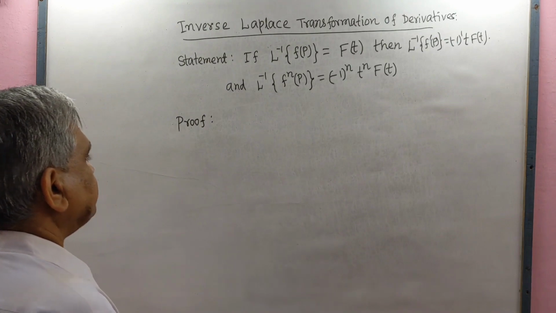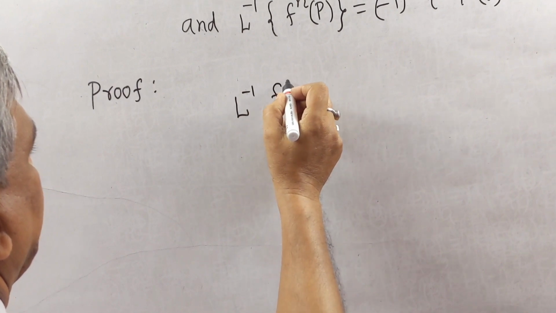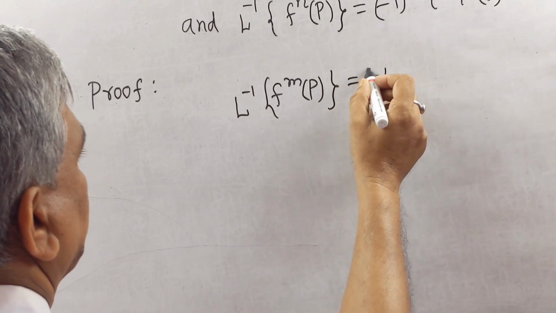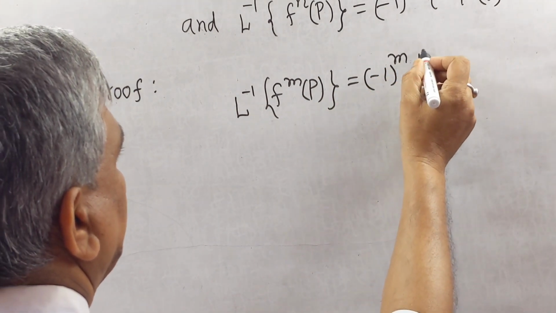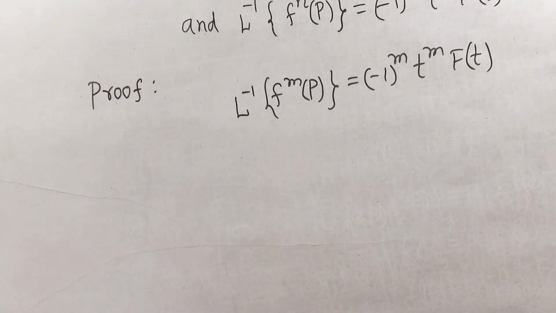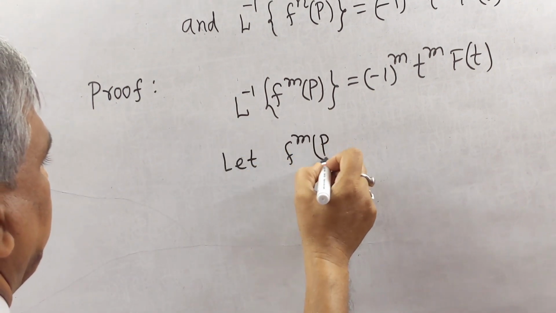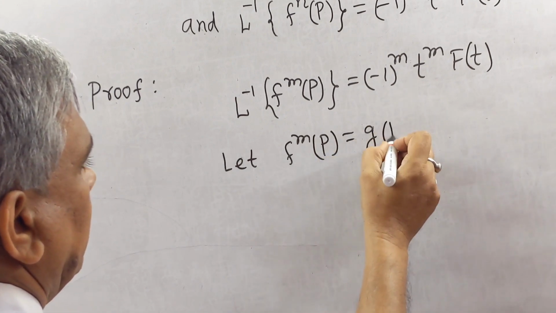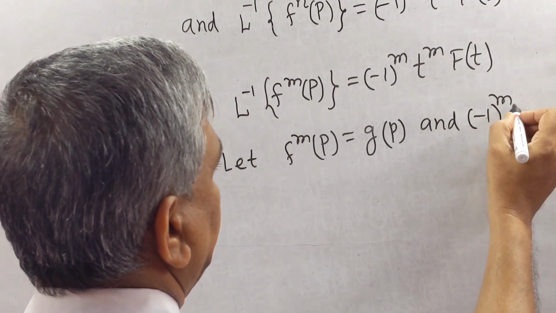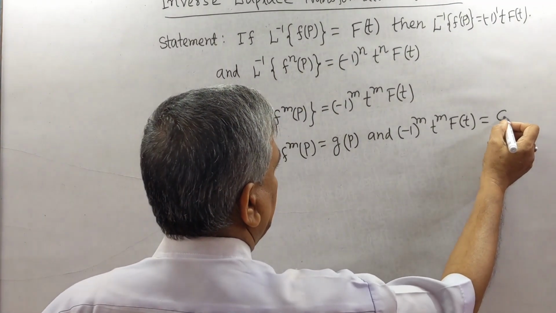If possible, let L inverse F(m)(p) equal to minus 1 to the power m t to the power m f(t). Let F to the power m(p) equal to G(p) and minus 1 to the power m t to the power m f(t) equal to g(t).